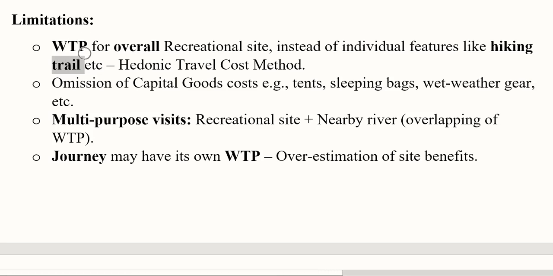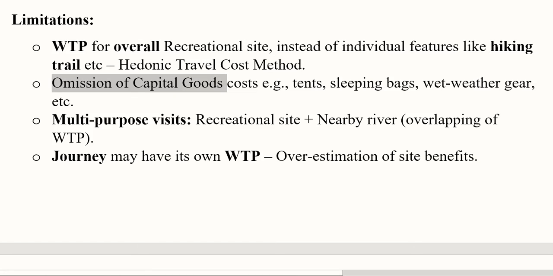So if the WTP is found for various features, then we can have a more specialized analysis, because some people will be interested in hiking and some people will be interested in looking at the trees or anything else over there. So that will give rise to another version of the travel cost method, which will be known as the hedonic travel cost method, because we will be considering the hedons or various features of that recreational site.